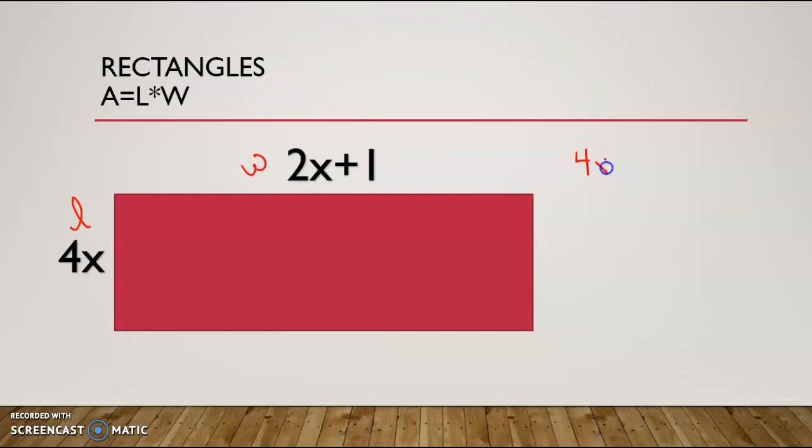So I have 4x times 2x plus 1. And I would distribute to get 8x squared plus 4x. So my area is represented by this expression.